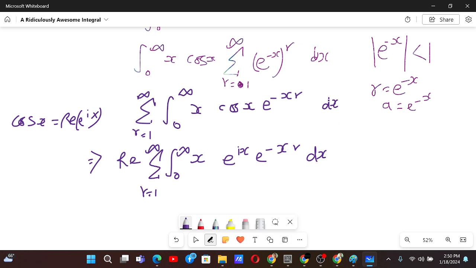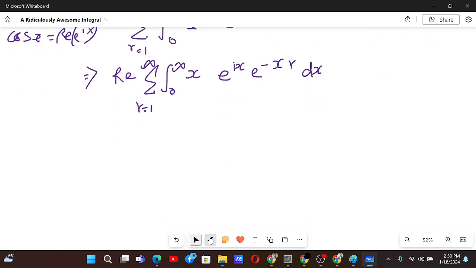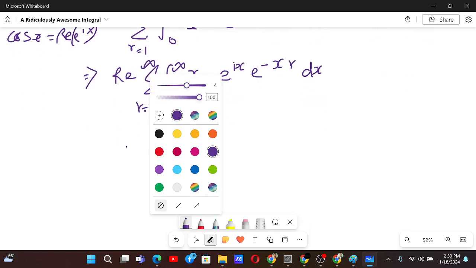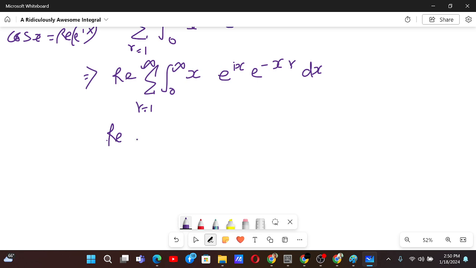Now after this, we can just add the powers of e. We get the real part of the sum from r equals 1 to infinity, integral from 0 to infinity, x e to the power minus x times (r minus i), dx.